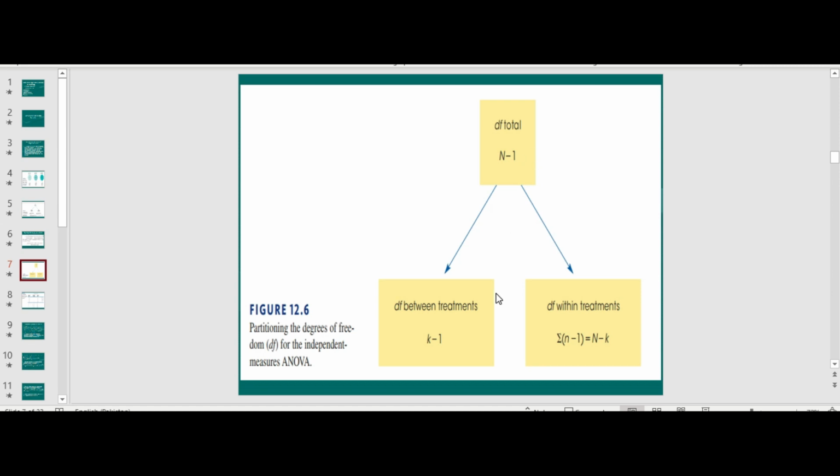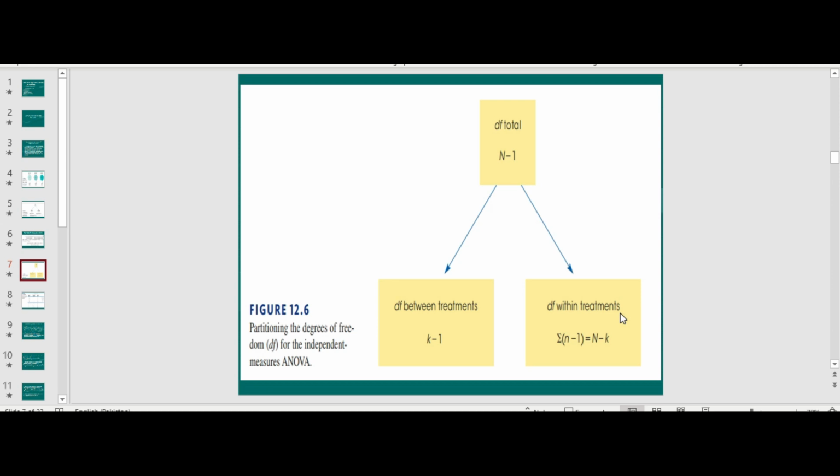Within treatments, the DF within treatments is also associated with the computation of the SS values. Remember that we find the SS inside each of the treatments and then add these values together.